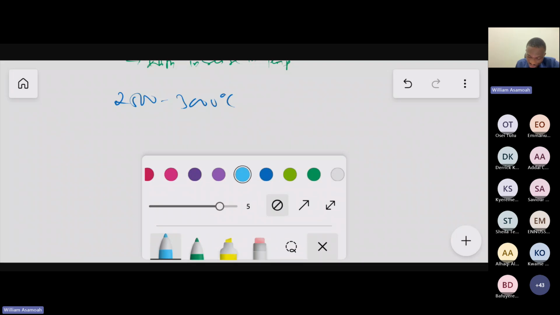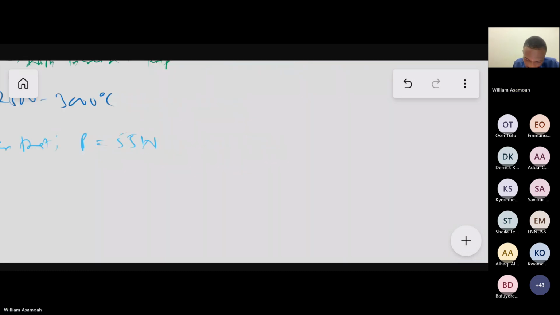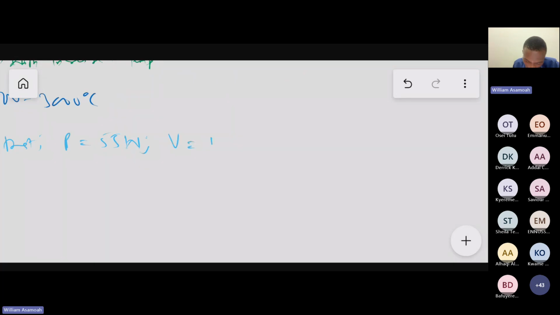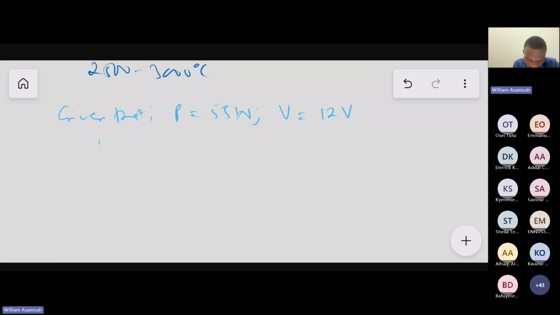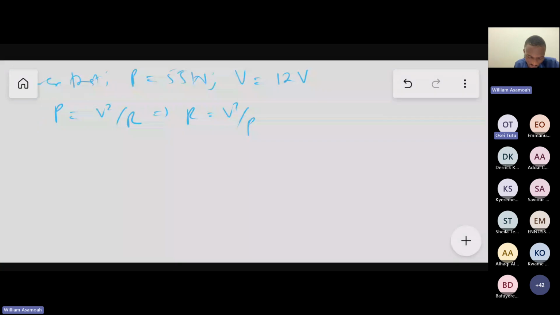You will start and say, given that power is equal to 55 watts, and then voltage is equal to 12 volts, right? We know that power is equal to V squared over R. This means that R is equal to V squared over P. Then we can find R to be equal to 12 squared over 55.